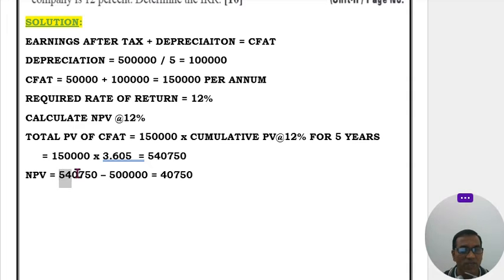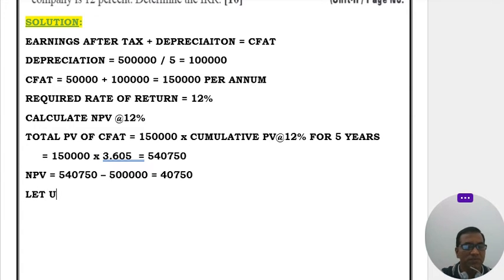Means this value has to decrease. This value has to decrease means the rate has to increase. Rate has to increase means more than 12%. More than 12% means anything, 13, 14, 15, anything you can try.